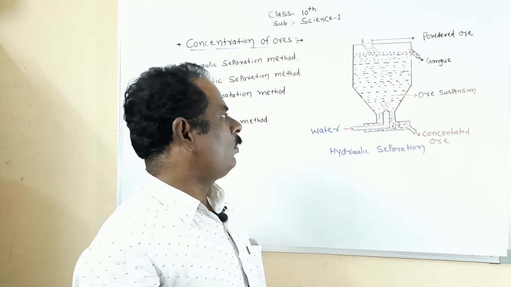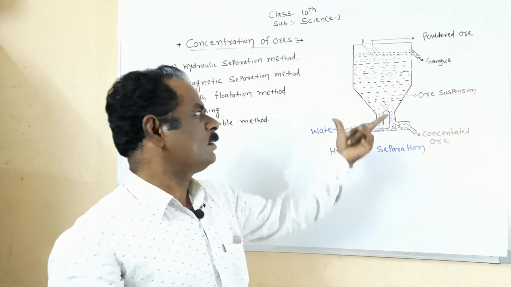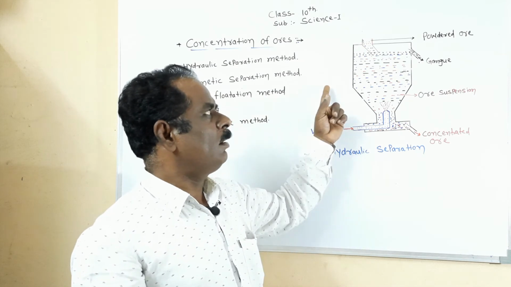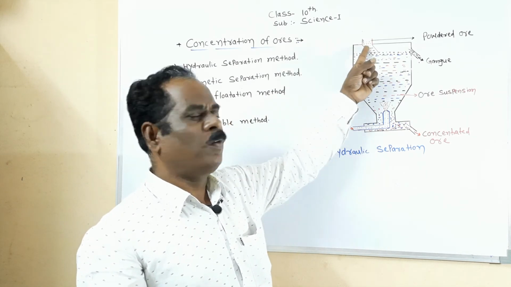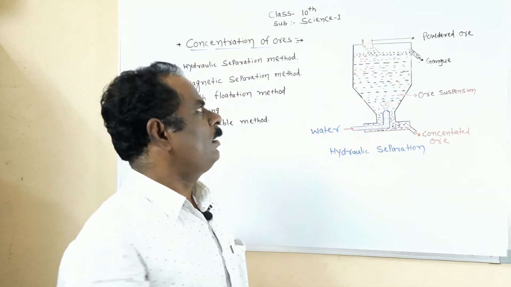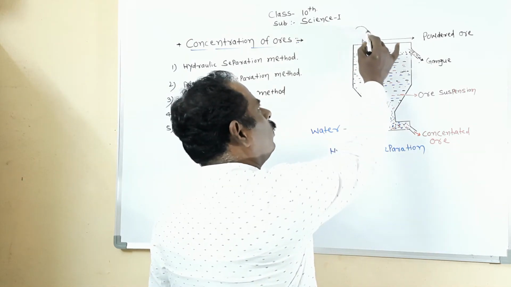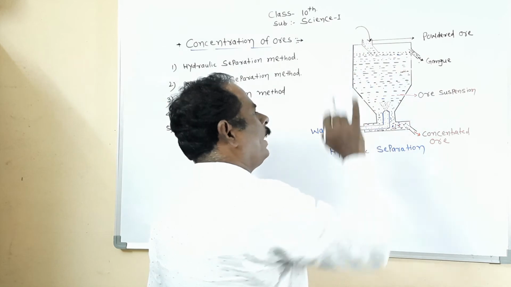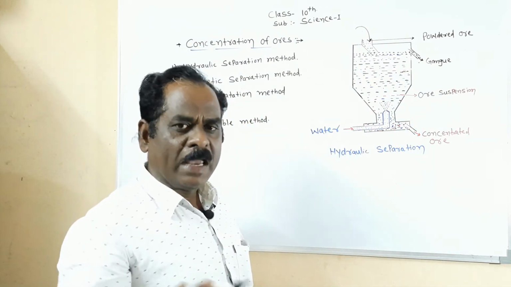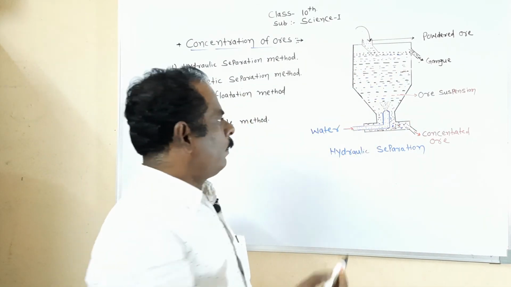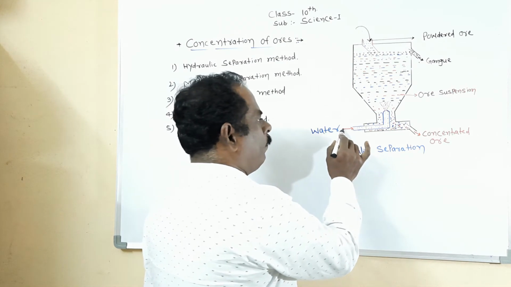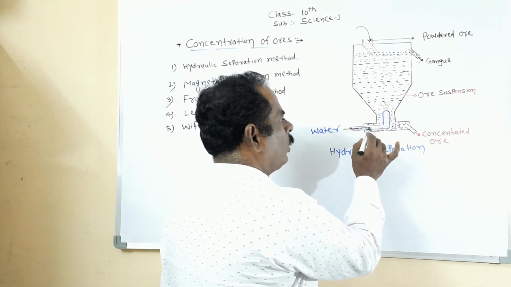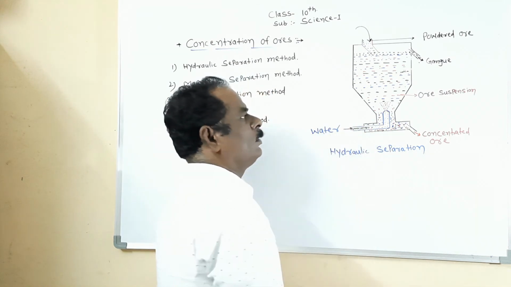And how will it work by using this separation tank? First, make the ore into powder form, and then add the powdered ore through the tapering vessel which is open in the tank. Simultaneously, pass a high pressure stream of water through the bottom inlet of the tank.